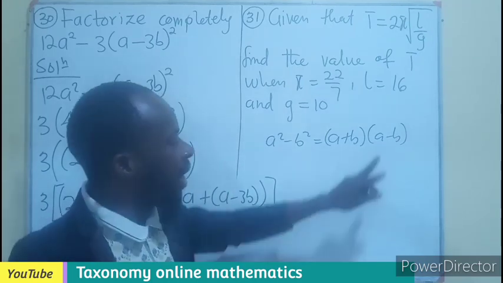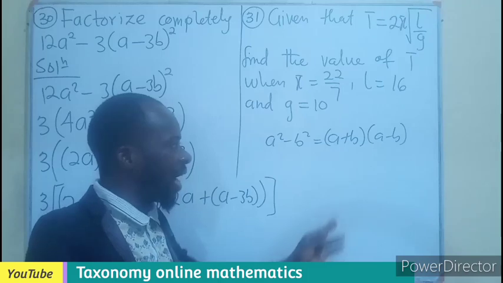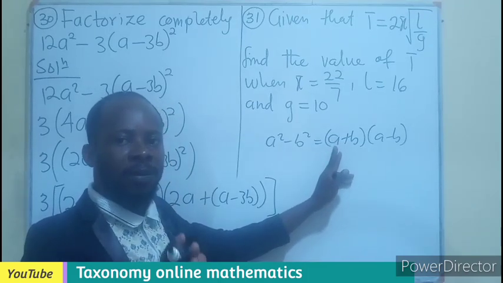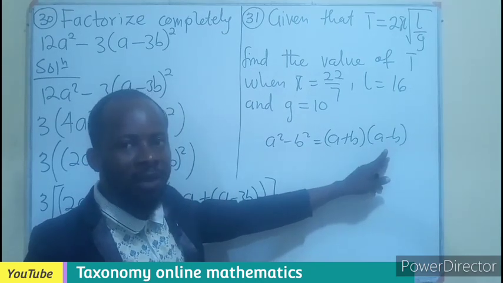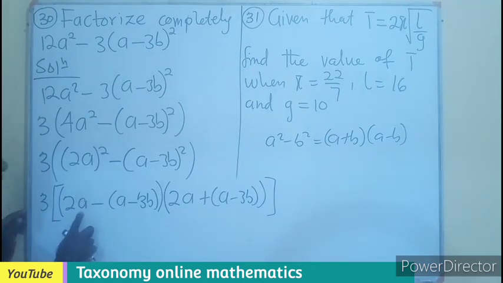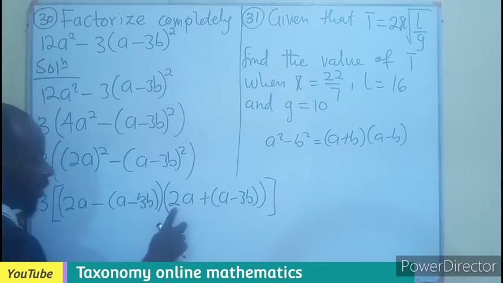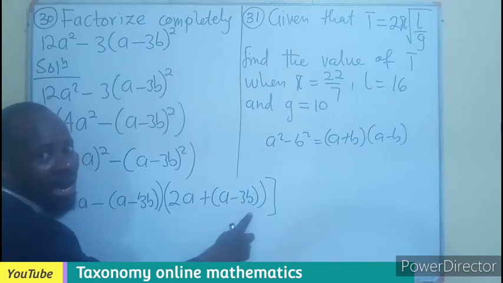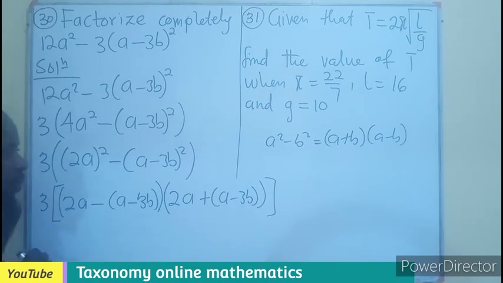It doesn't matter whether the a minus b comes first before the a plus b. All that matters is that one term should be a minus and the other a plus. So you can see 2a minus our bracket, multiplying 2a plus our bracket, still having the factor 3 multiplying.